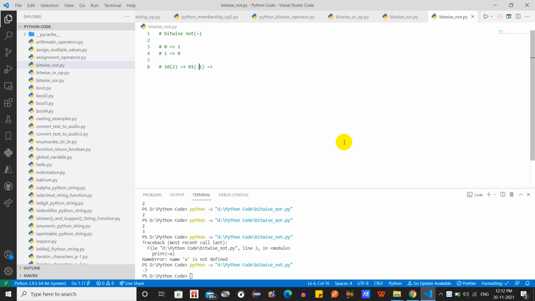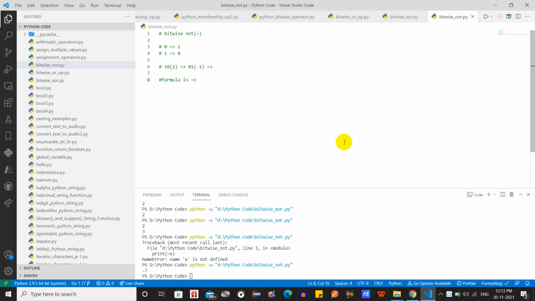If you take any particular value and want to find its negation form, or bitwise NOT form, then you have to use this formula. What is that formula?